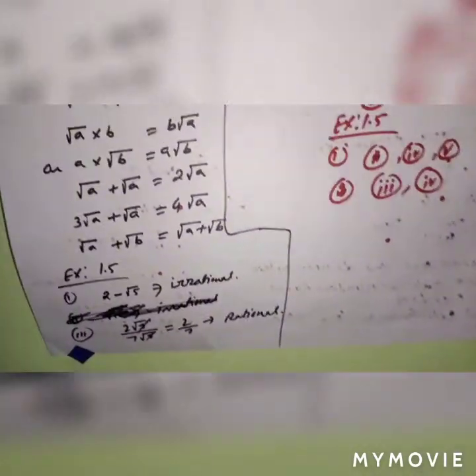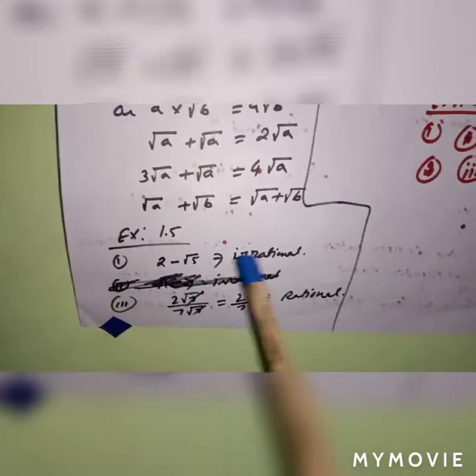If an irrational number is multiplied or divided with a rational number, it also becomes irrational. Understood? So here 2 minus root 5, the irrational number is subtracted from a rational, so it becomes irrational.